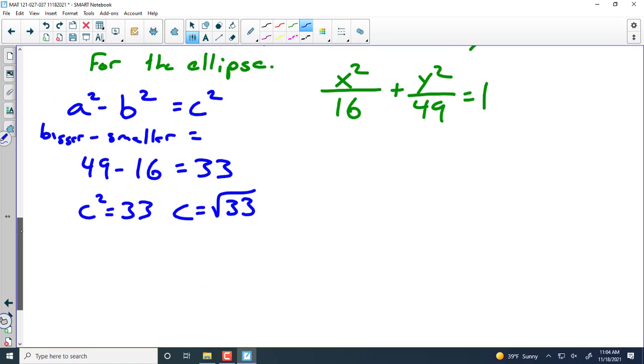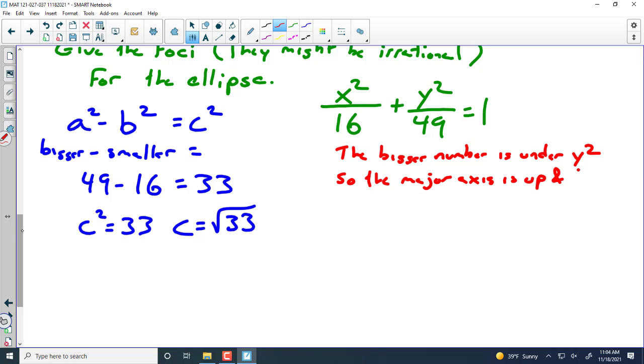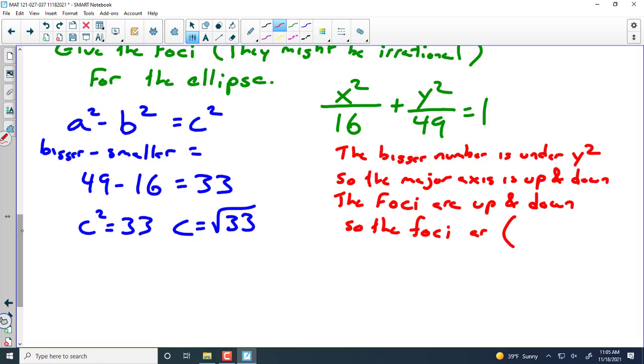Then I do this, and see if you follow this line of reasoning. The bigger number is under y squared. So the major axis is up and down. The foci are up and down. So the foci are 0 plus or minus whatever I got for c. If the major axis is up and down, the foci are up and down.